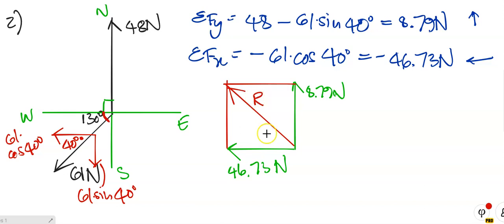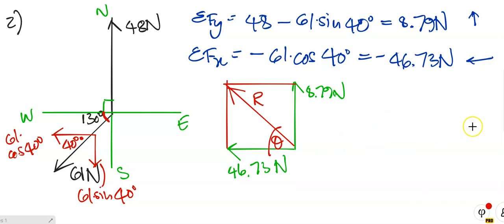That is my resultant, and I am choosing to work at that angle inside there. Right, let's do the calculation. And of course I've got a rectangle, and to be able to determine the size of the resultant, the famous Pythagoras theorem.